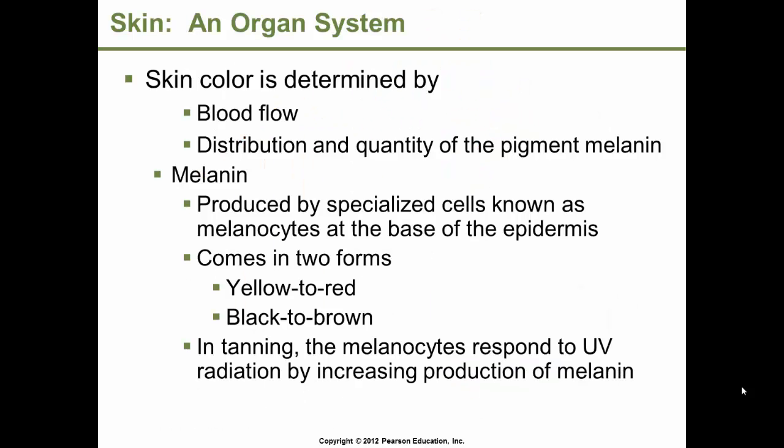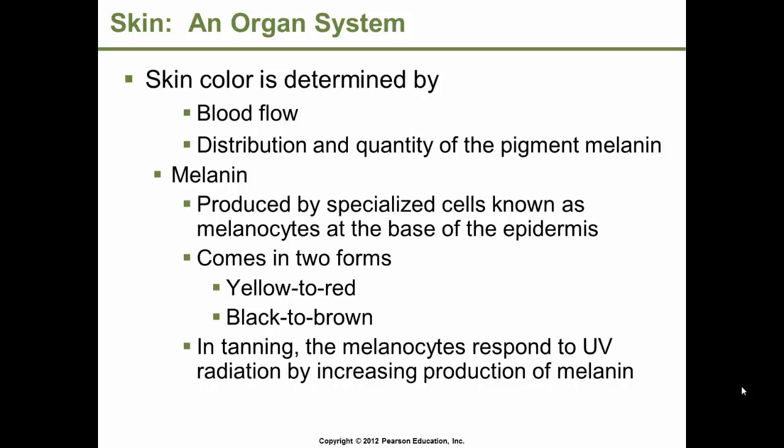Skin color is determined by blood flow as well as the distribution and quantity of the pigment melanin. Melanin is produced by specialized cells known as melanocytes at the base of the epidermis. So melanin is just a pigment protein, and so our genetics are largely going to determine our skin color.